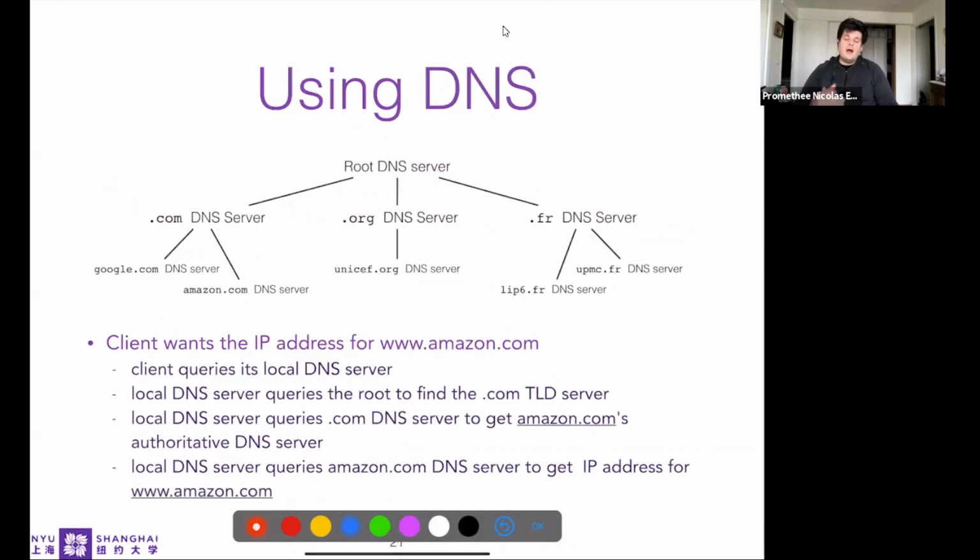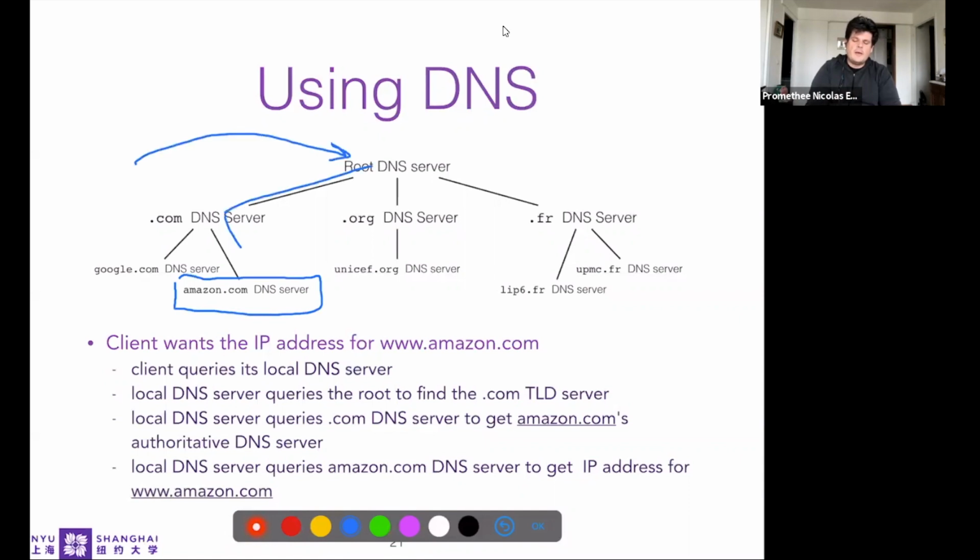So here we are. We have multiple levels here. Let's say you want to find the IP of one of the Amazon.com servers, for instance, kindle.amazon.com. Your request needs to go to the root and will follow that path.